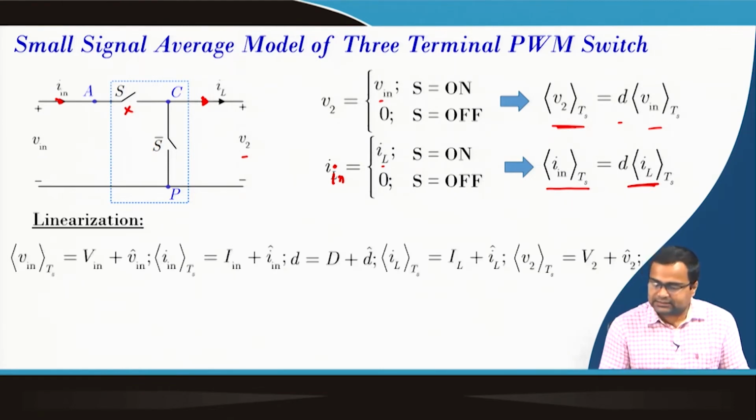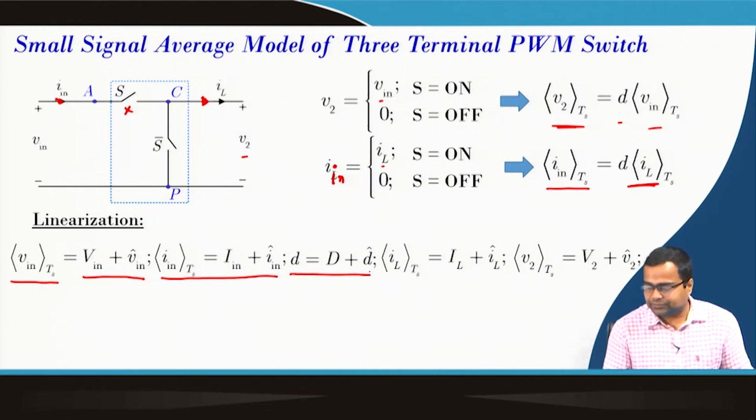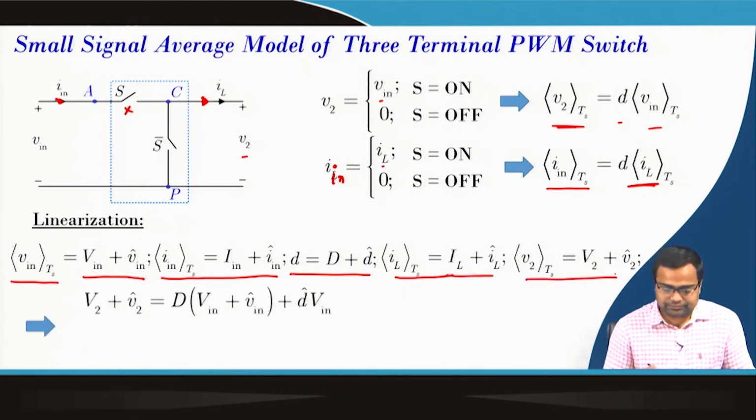Then if we linearize, if we take this term, so we can again write input voltage average is sum of the DC plus perturbation, input current sum of the DC plus perturbation due to ratio, inductor current, then V2 voltage.